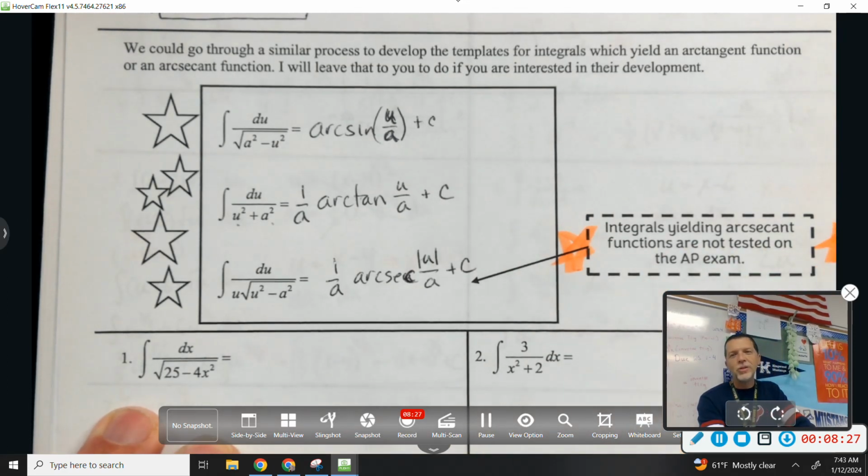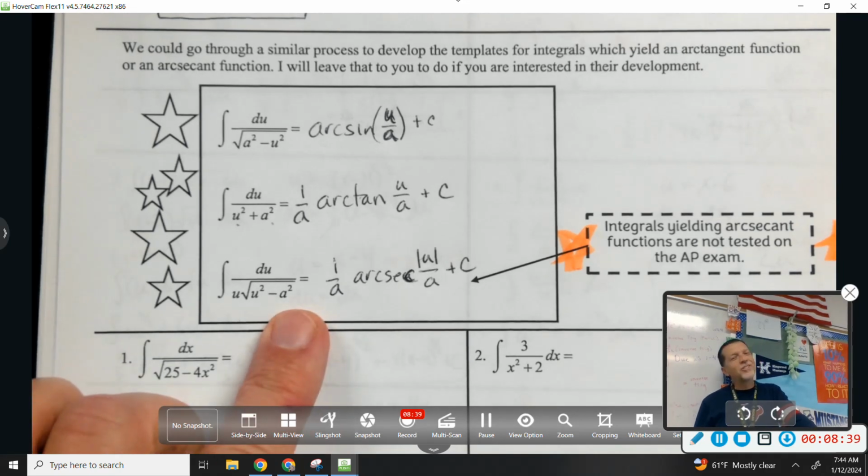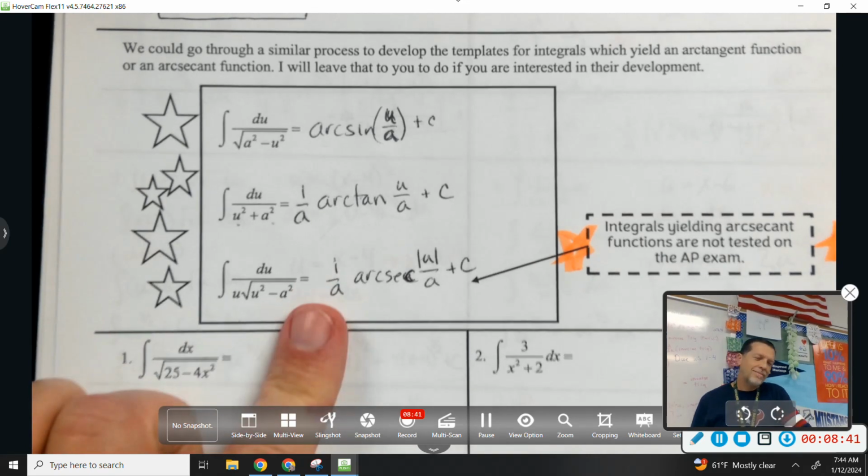Finally, a little bit of good news. Integrals yielding arcsecant are not tested on the AP exam. So, it is on this test, but this is one of those, yeah, use it and forget it. Everything else you've got to keep remembering, but this one, not as much.